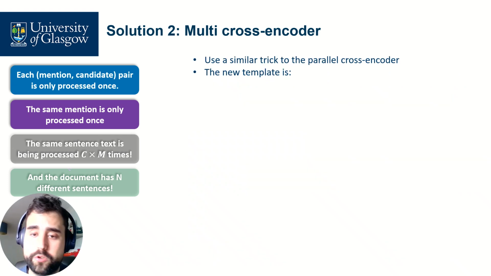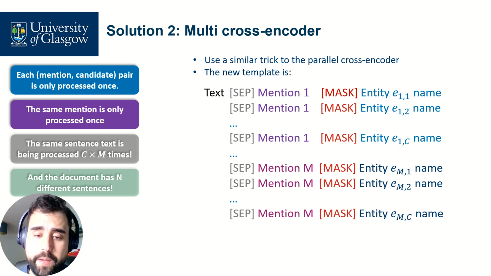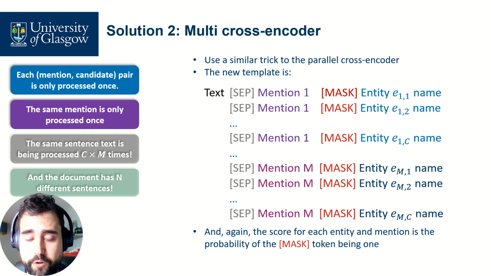To do this, we use a similar trick to the parallel cross-encoder, where we extend the template of the parallel cross-encoder by adding the remaining mention-entity pairs. And there, the score for each entity and mention is the probability of their corresponding mask token being 1.